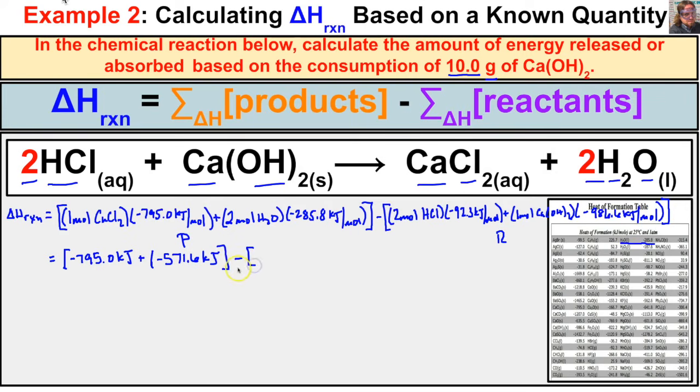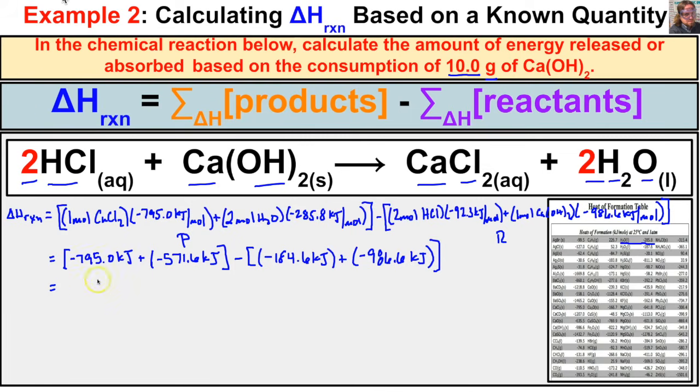And then we're going to subtract 2 times negative 92.3, and we're going to end up with negative 184.6 kilojoules here. Plus 1 times negative 986.6, which is negative 986.6 kilojoules there.